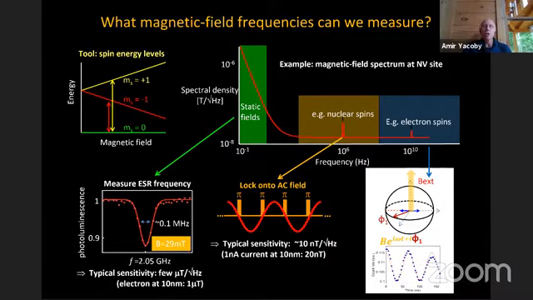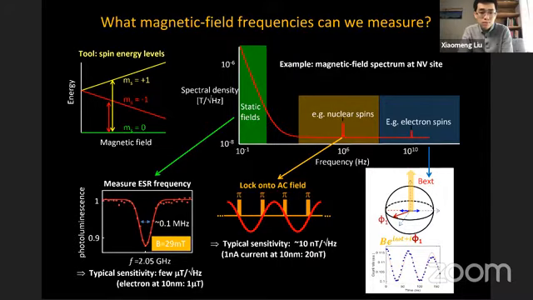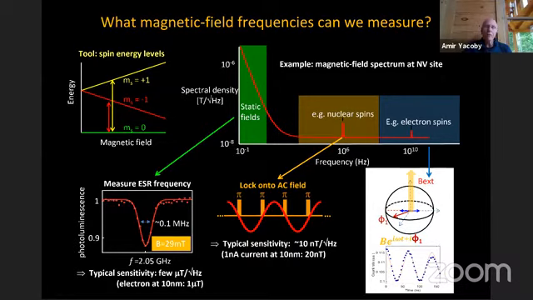The second challenge has to do with the frequency. I didn't mention it, but the previous talk was all around magnetic fields of several Tesla, let's say 5 to 12 Tesla. The magnon frequency at 10 Tesla is 280 gigahertz. So it's not a few gigahertz, it's a few hundred gigahertz.